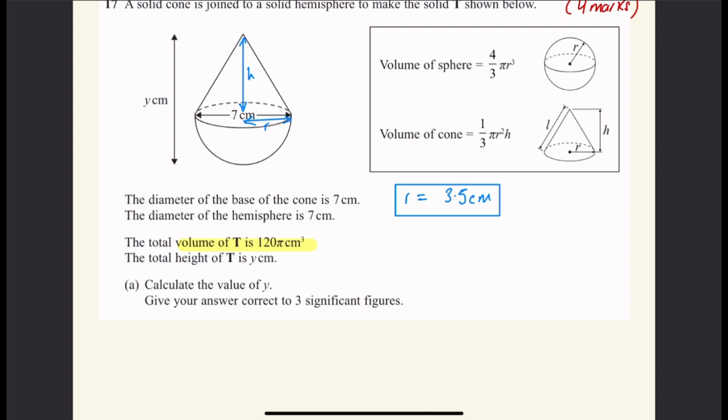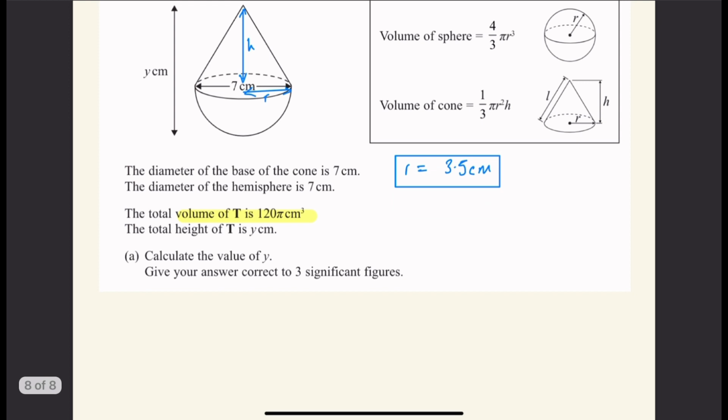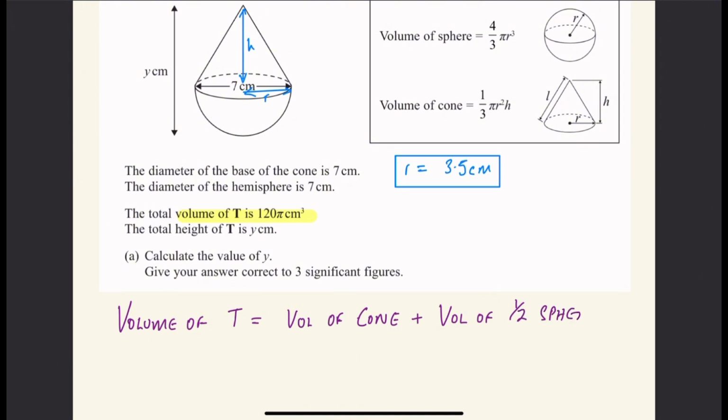Now what is T? Let's write our own equation out. So the volume of T is equal to the volume of the cone, which is there, plus the volume of one half the sphere.